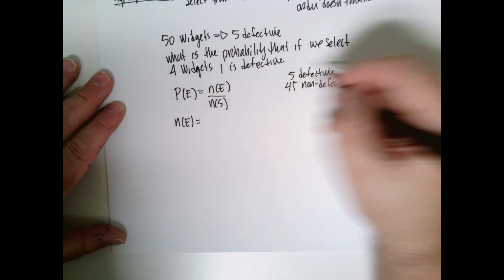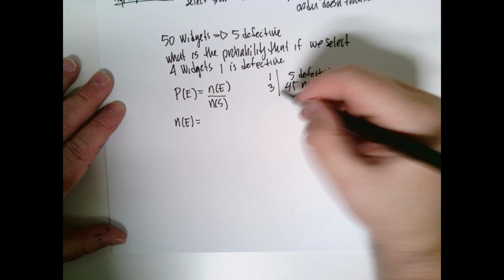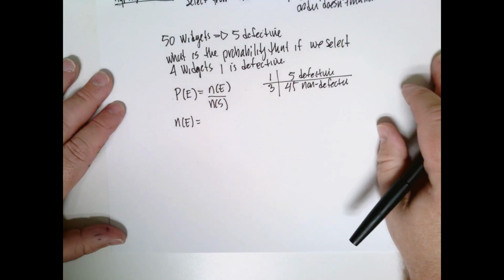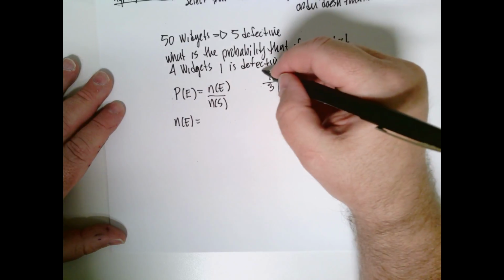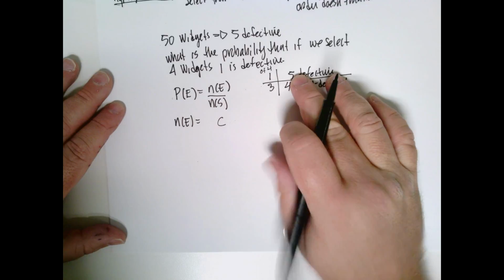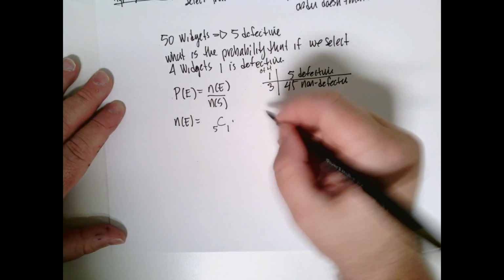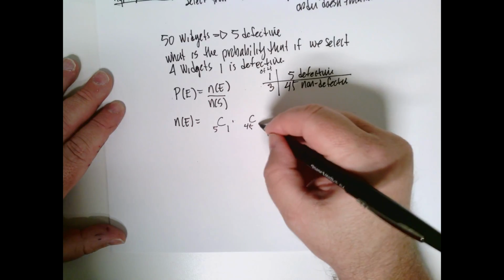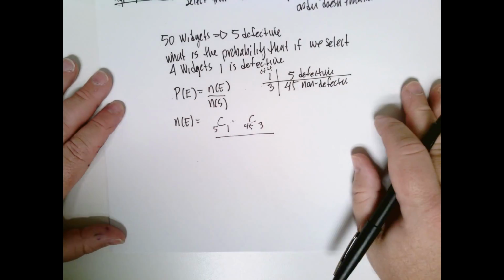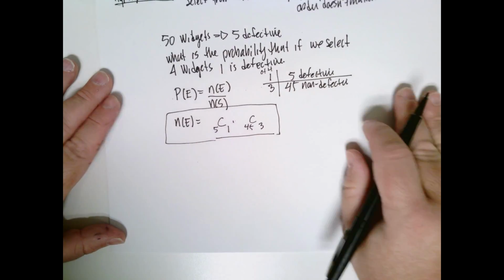And if we select one defective, there have to be 3 that we're not selecting, of the 4 that we're selecting. So of the 5 things, we select 1 of them, times, of the 45 things, we select 3 of them. That's our number of things in our event.